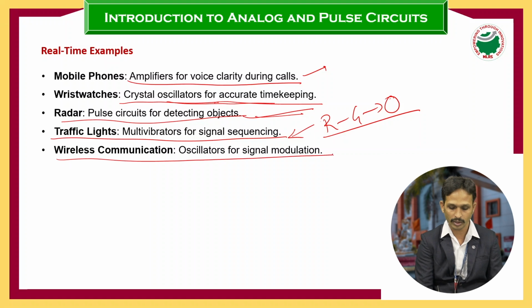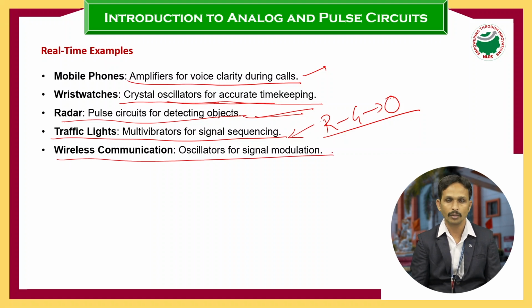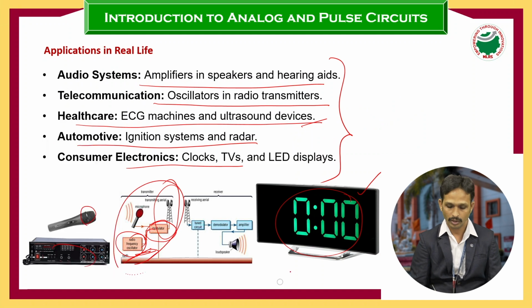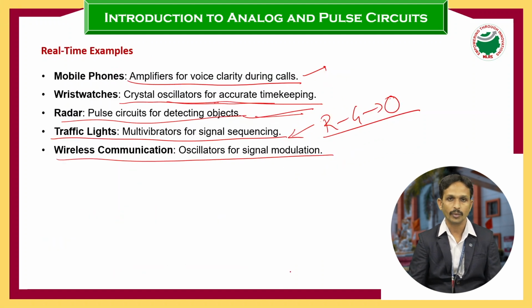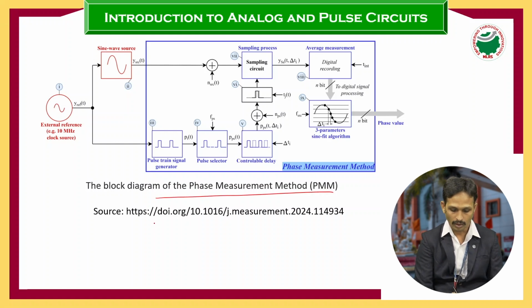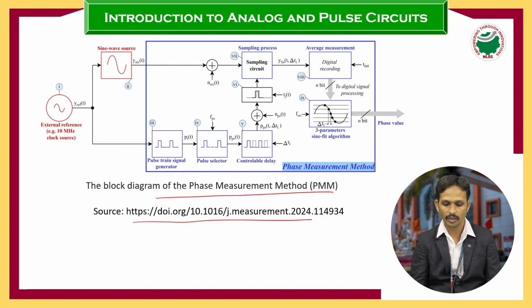And in wireless communication systems, oscillators are used for signal modulation, like in the previous example. One example considered from this source is the phase measurement method.